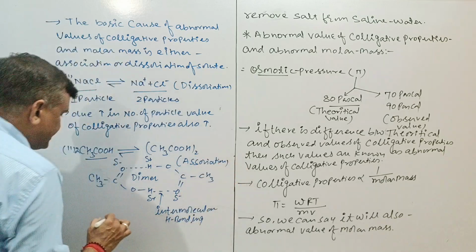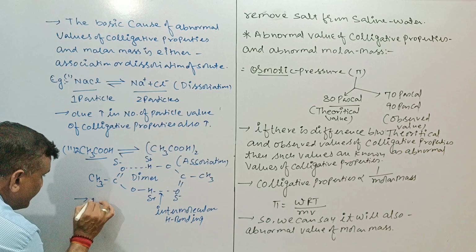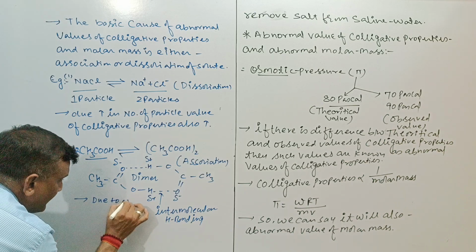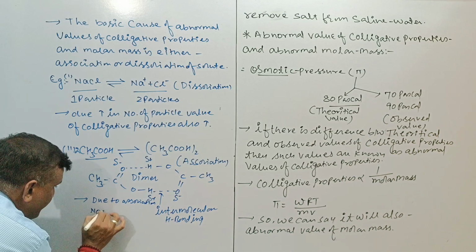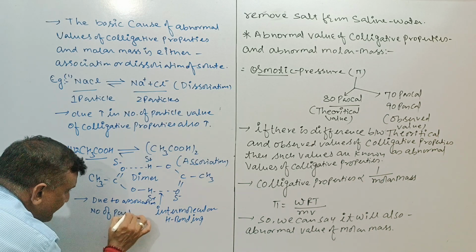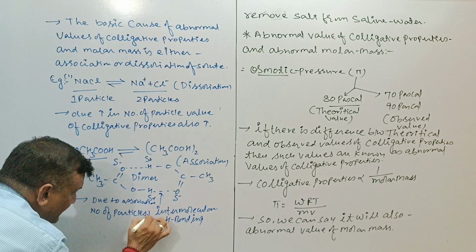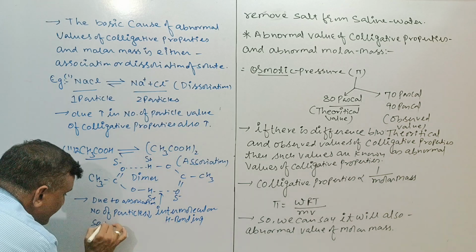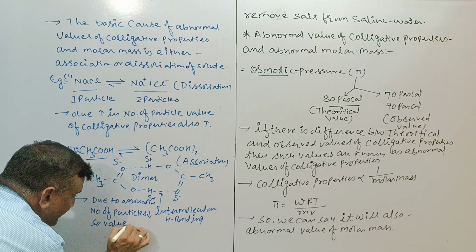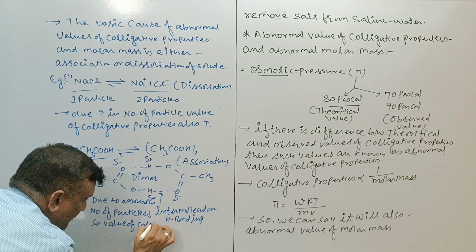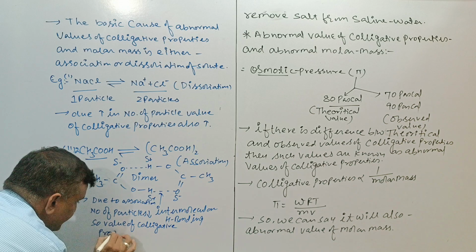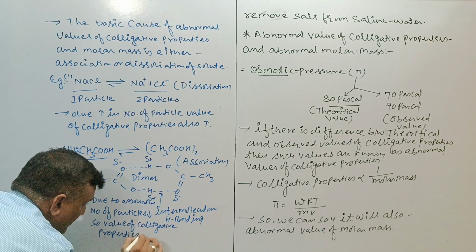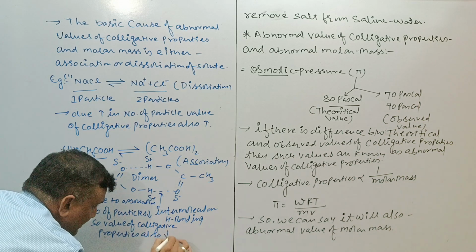So due to association, the number of particles decreases, so the value of colligative properties also decreases.